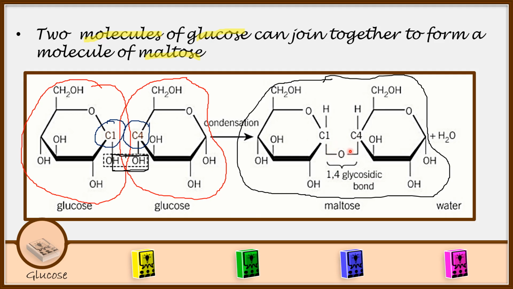This is the glycosidic bond joining alpha glucose to another alpha glucose through carbon 1 and carbon 4. That's why we say that two molecules of glucose can join together to form a molecule of maltose. So here we have formed a molecule of maltose plus the water which we have lost from here.